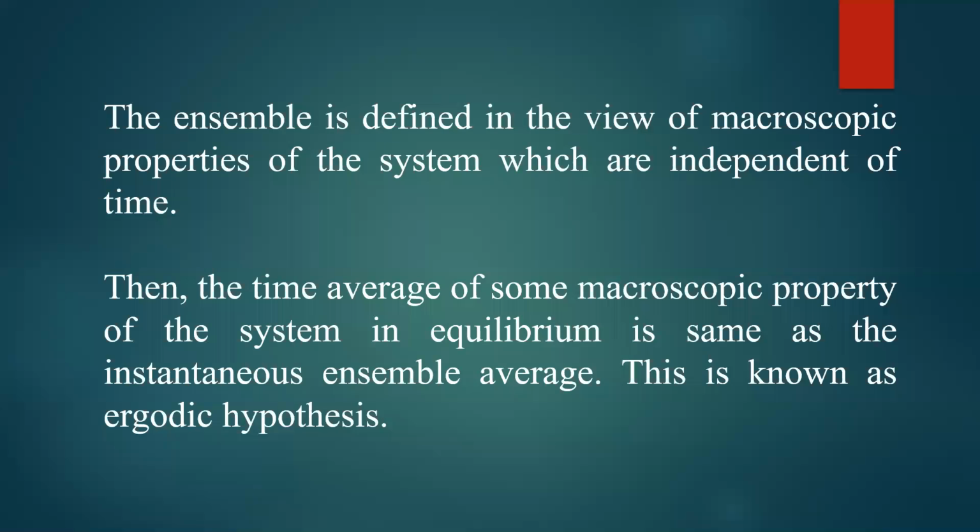That is what this ergodic hypothesis says. Okay, this is the basic principle behind statistical mechanics. That is, if we take the ensemble average value of the property from different systems, that will give you the entire properties of the system. That is the basic principle behind statistical mechanics.